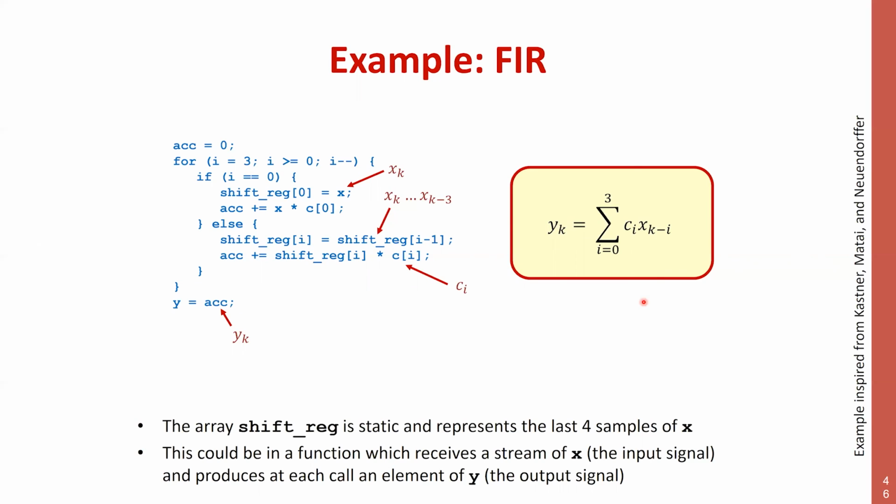I hope everybody understands what a finite impulse response filter is: basically this convolution, where you convolve an input signal, which is X, with a fixed kernel that is C, a set of constants, and you produce a new signal, right?